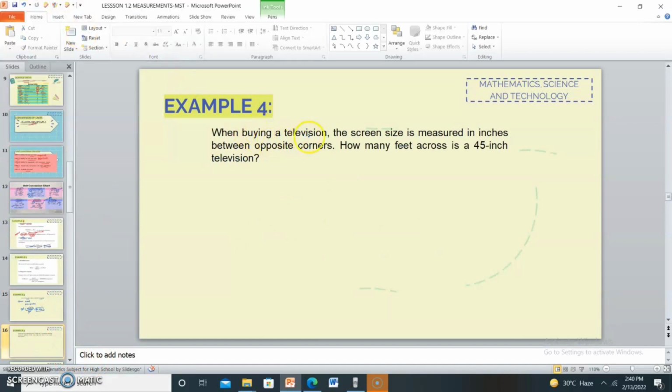So, next example. When buying a television, the screen size is measured in inches between opposite corners. How many feet across is a 45-inch television? So, take the given: 45 inches.